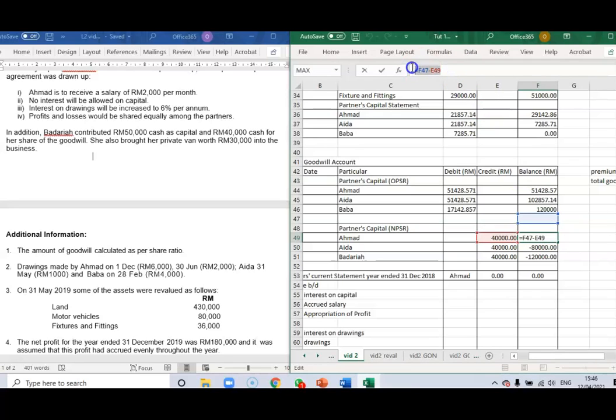Okay, what's wrong with the formula? Right. So you make sure that at the end of the goodwill account should be 0, because we redistribute the goodwill with the new partners and the old partners. Okay, next.